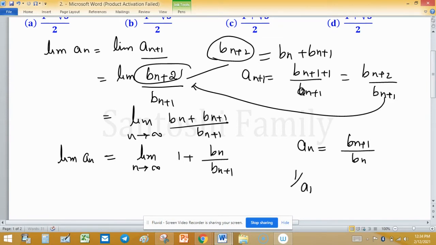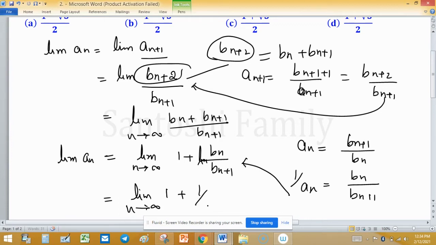So 1 upon a_n will be b_n divided by b_(n+1). Use it here, so I can use the limit here also: the limit as n tends to infinity of 1 plus 1 upon a_n, or you can take it outside.